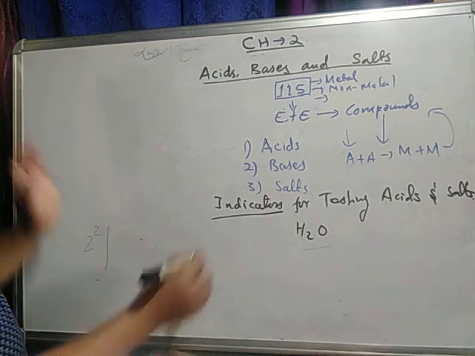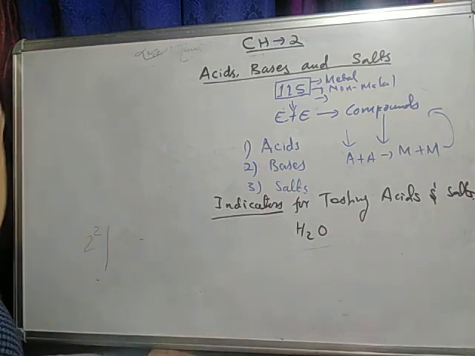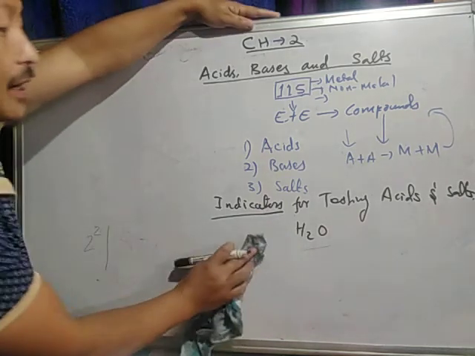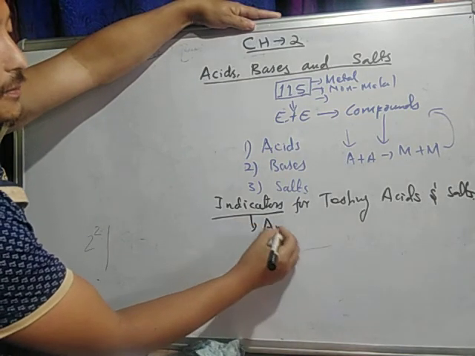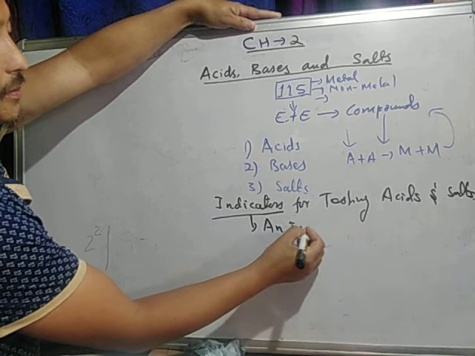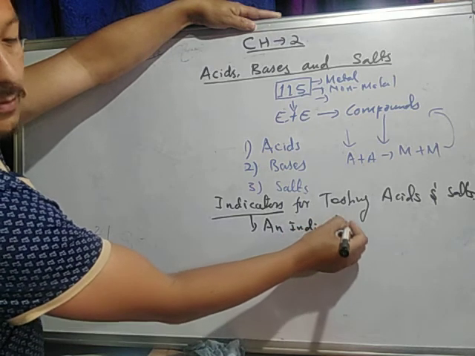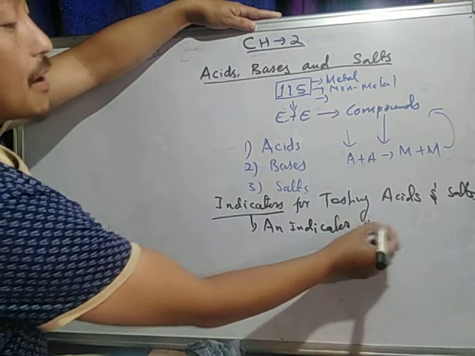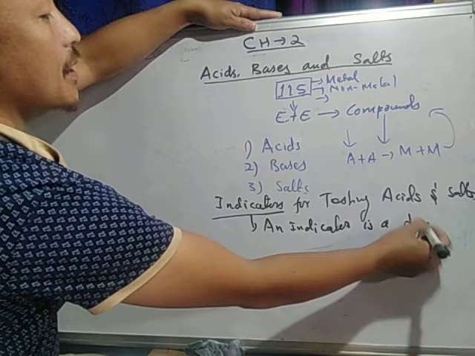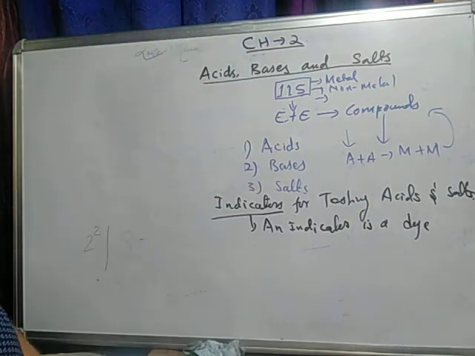Okay, fine. So write down: an indicator is nothing but a dye. Dye, you know, dye is a color, isn't it?